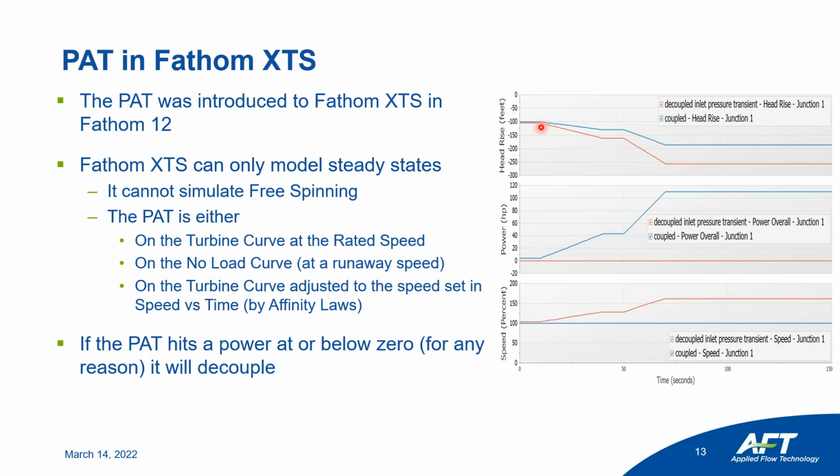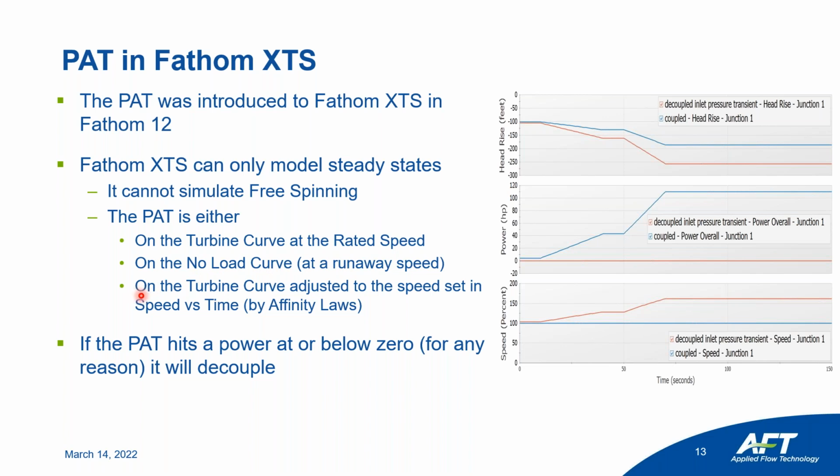At any given point in your XTS transient, or in your XTS time simulation, the PAT is either on the turbine curve at rated speed, so that's when it's coupled to the generator, or it's on the no load curve at runaway speed, because like I said, it doesn't model that free spinning in between.